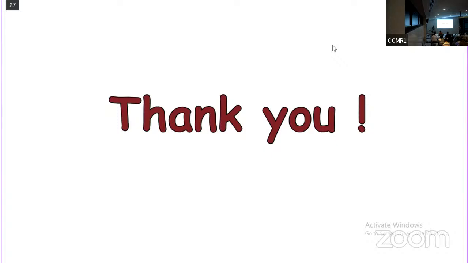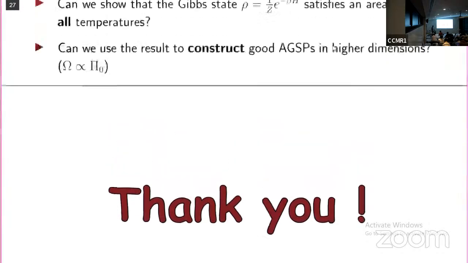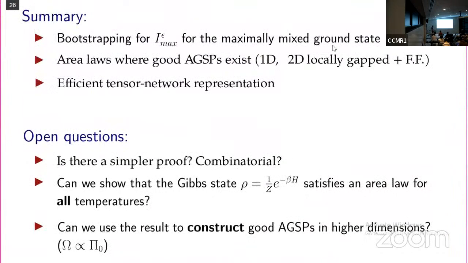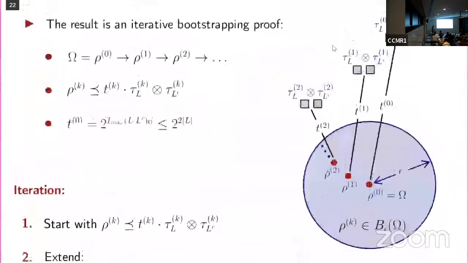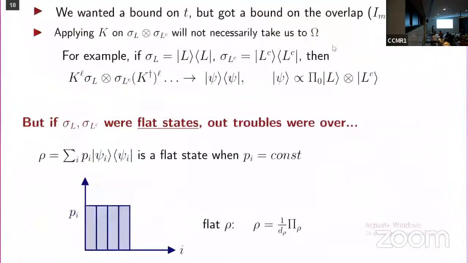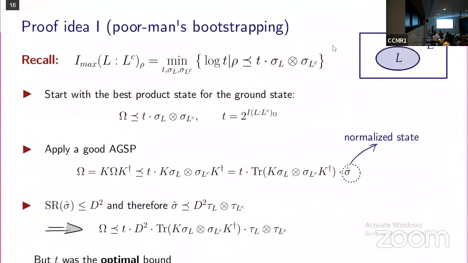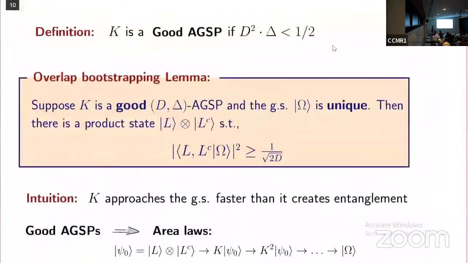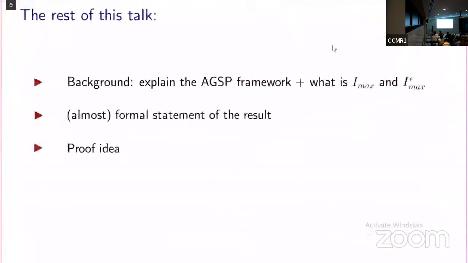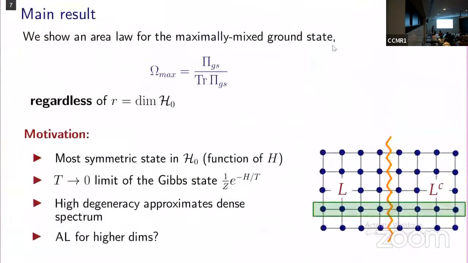Can you comment a bit on why you think it helps for having AGSPs in higher dimension? Yeah. So the thing is that, assume that you have this result in 1D and you're looking at the frustration-free case.